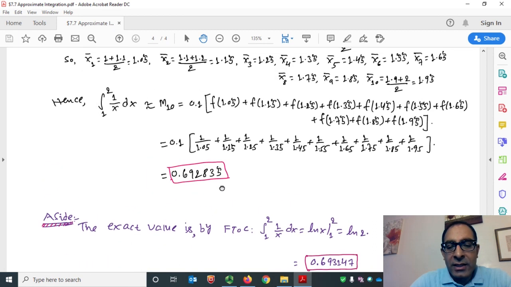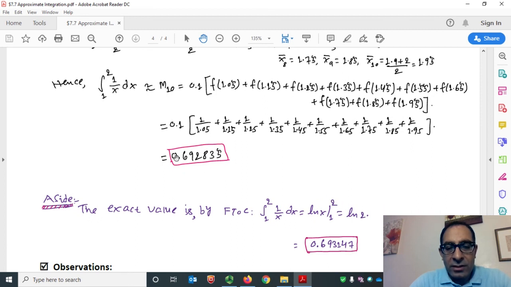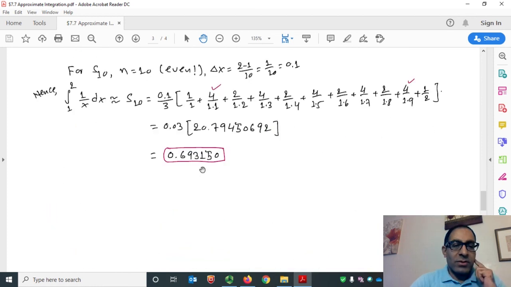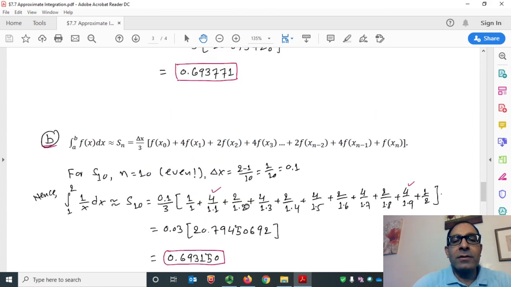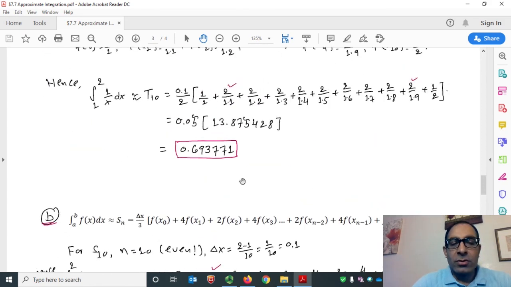But by taking n equals 10 partitions, this is the midpoint approximation to this exact value. So we have 0.693147 exact, 0.692835 midpoint. Similarly, Simpson's rule gives me 0.693150. Similarly, the trapezoid rule gives me, by taking n equals 10 partitions, 0.693771.